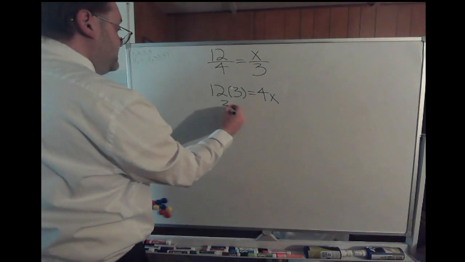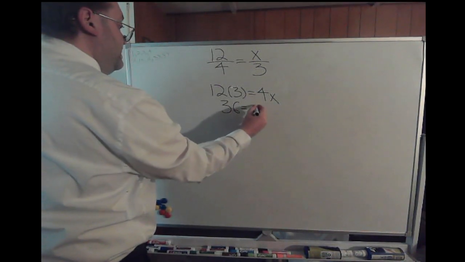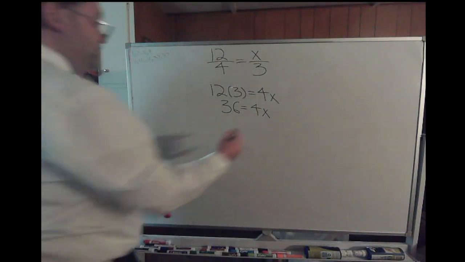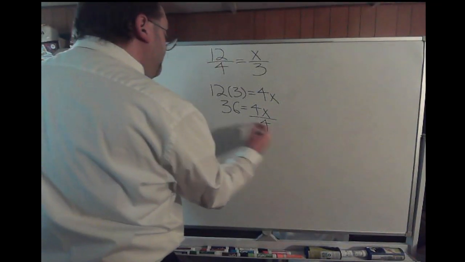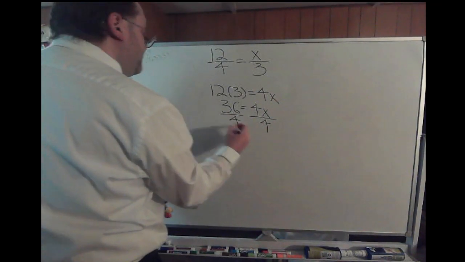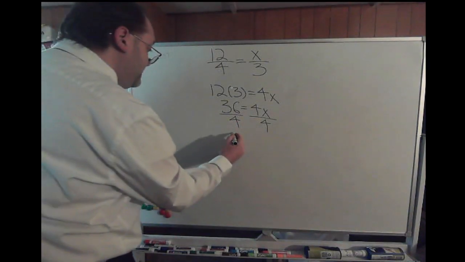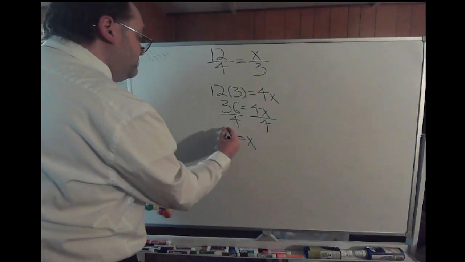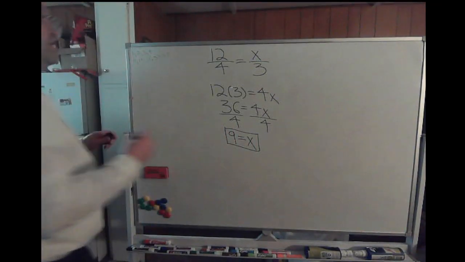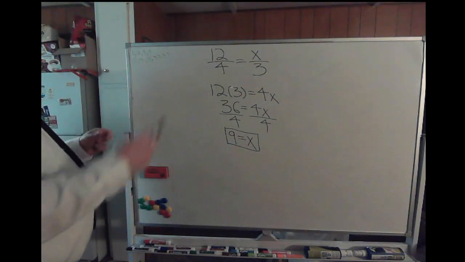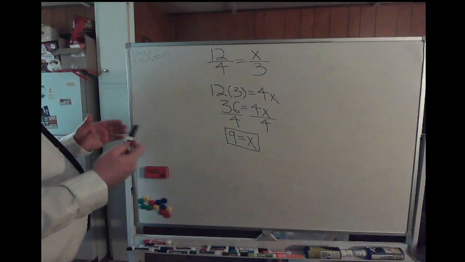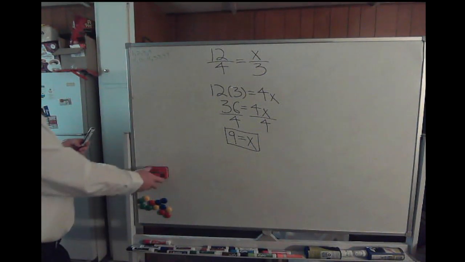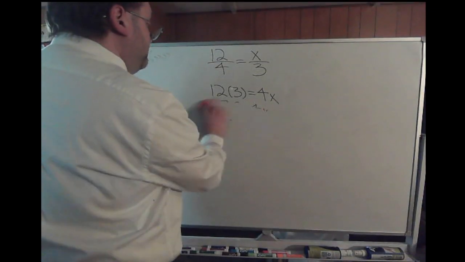Well, that's going to be 36, which would be equal to 4x. Now all you need to do to get x by itself, divide both sides by 4. 36 divided by 4, well, that's 9. 4x divided by 4, that's x. So looks like x is going to be equal to 9. And if you stick that into the proportion, you would find that 12/4 is proportional to 9/3. So that's how you find the value of x.